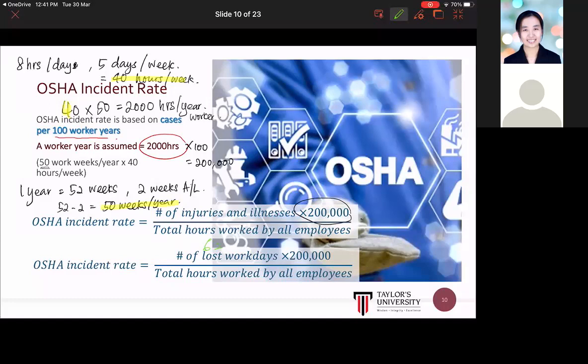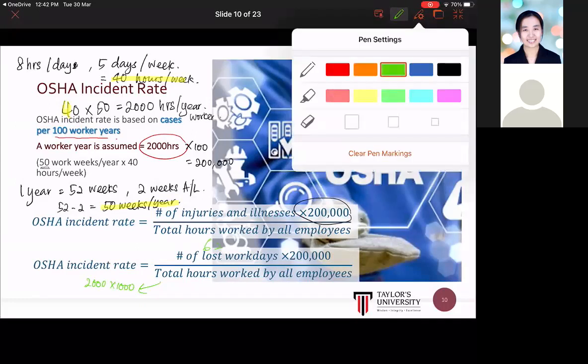Meaning if, let's say, 2,000 hours per year for one person, and they have 1,000 workers, for example, this will be the total hours. Then you calculate the incidence rate in terms of lost work day. Any questions here?